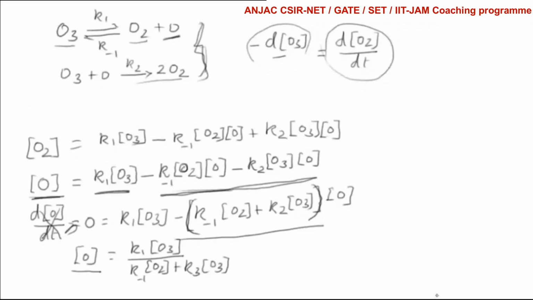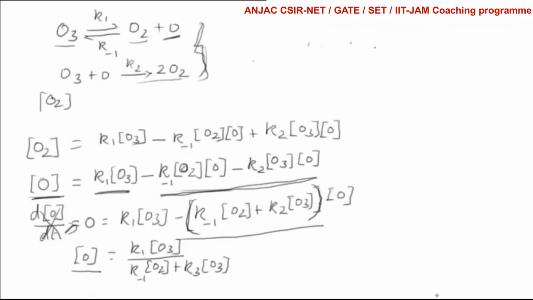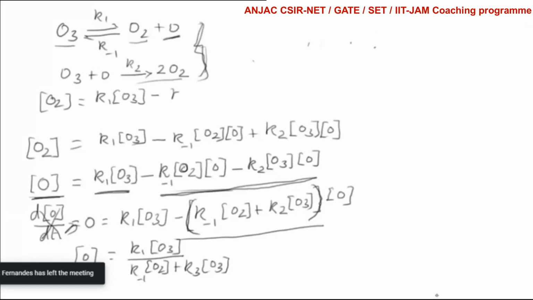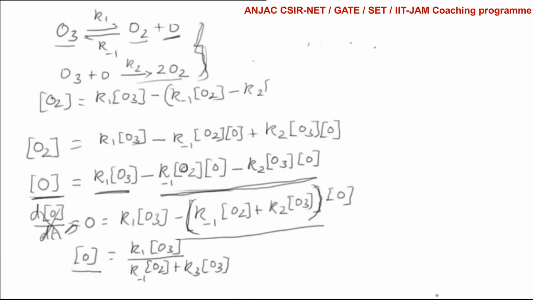We will now apply this in this equation. You can simplify this equation as d[O2]/dt is equal to k1[O3] minus k-1[O2] plus k2[O3] into [O].